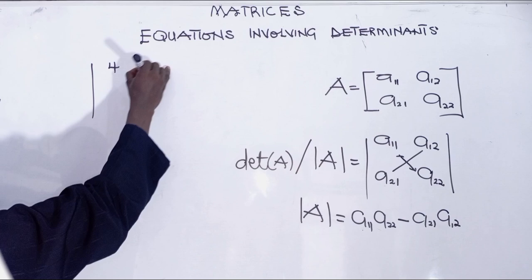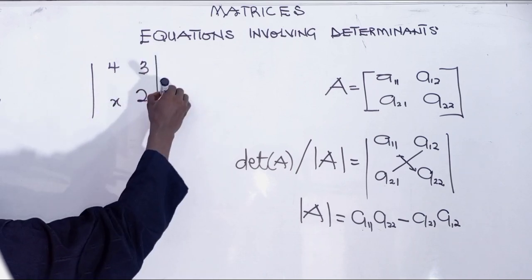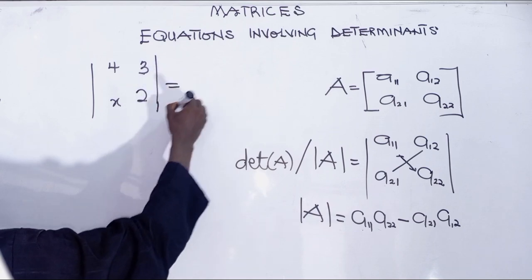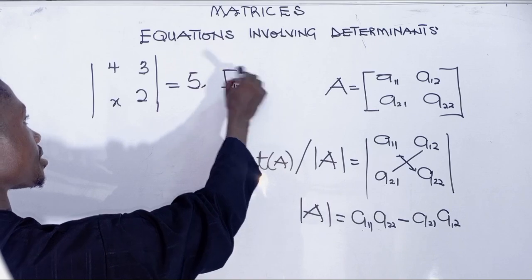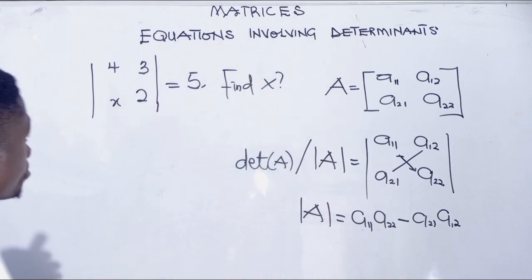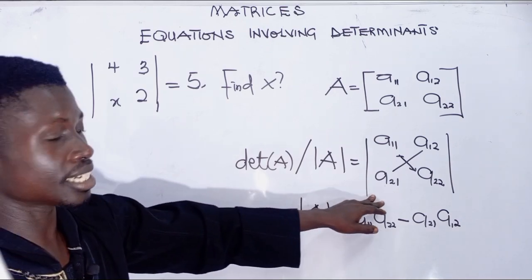3x and then 2, 4, and the whole of this is equal to 5. We want to find what? x. So looking at this equation, you realize that it looks like the determinant form.